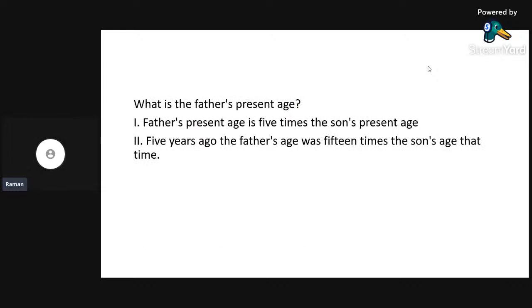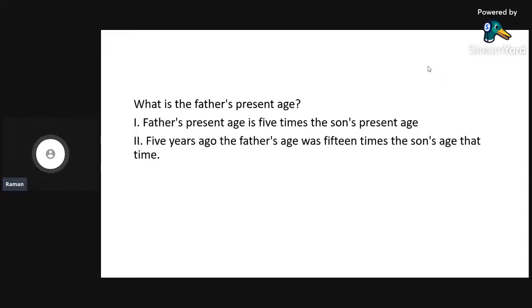Let's move to the next question now. Now can you answer this? What is the father's present age? What is the present age of the father? I'm expecting an answer from you.